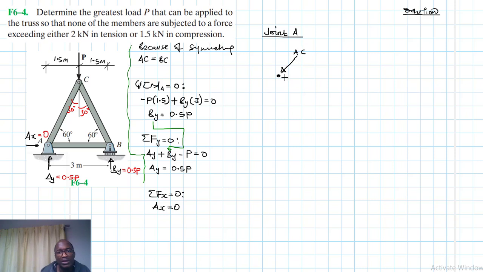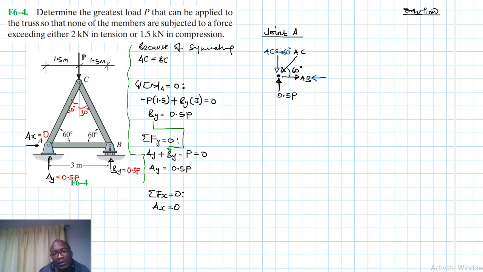This is our AC. And then here let's say we have tension. This is our AB. And this angle there is 60. And then we have an external reaction force 0.5 P. Right, so let's first find the components of AC. AC will have this component and this component. This is AC, this is AC sine 60.